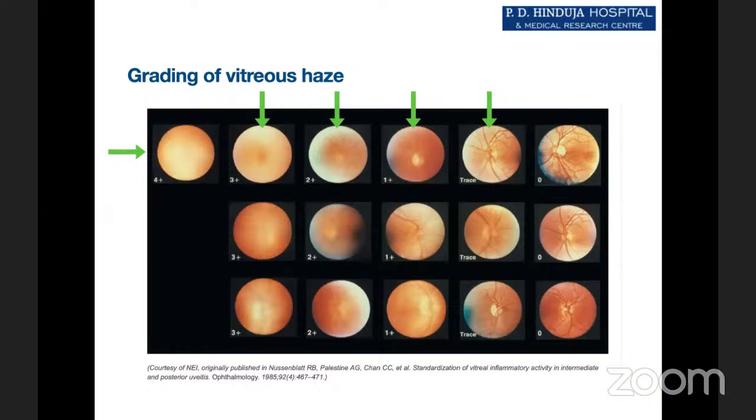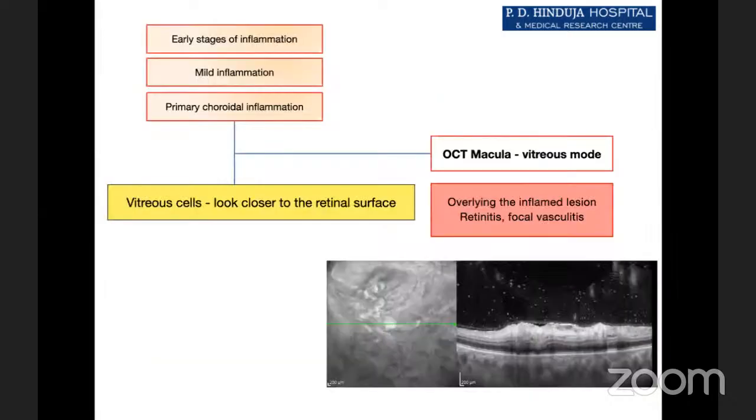It can be given as 0, 1 plus, 2 plus, 3 plus, and 4 plus, depending on severity. It is said that vitreous haze by this method is slightly better than grading the vitreous cells individually.